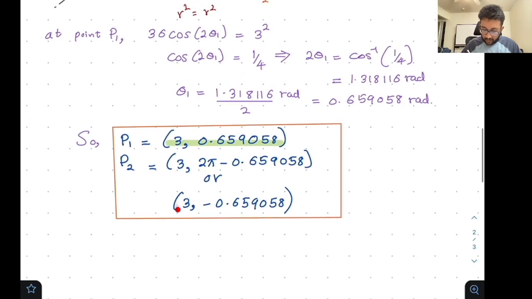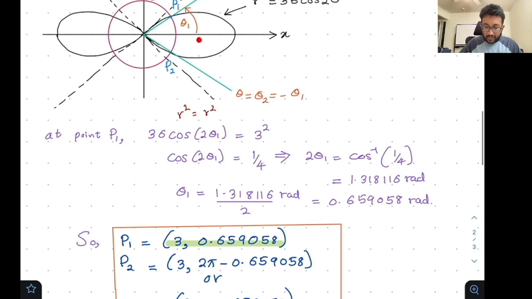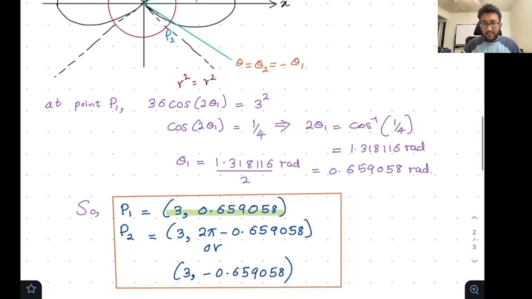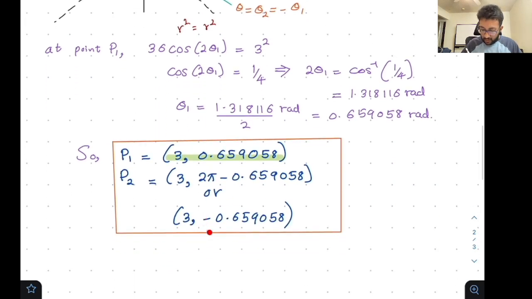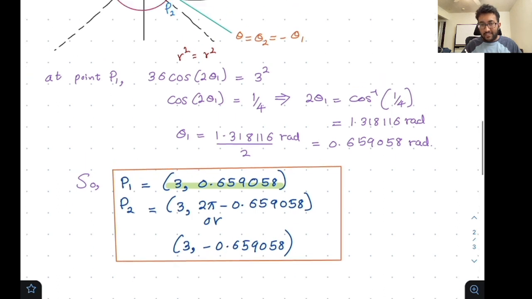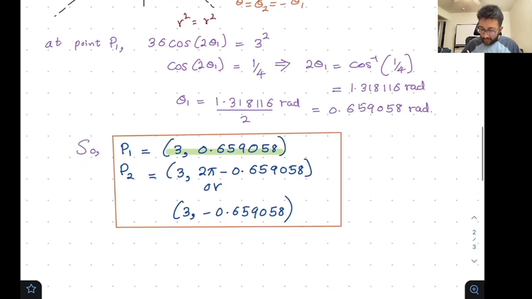So this value is 3, and since you are measuring angle in the other direction, the angle of point P2 is negative 0.659058, right? Or in other words, you can say that that angle is going to be 2 pi minus 0.659058, right? So I think WebWork might accept this answer.